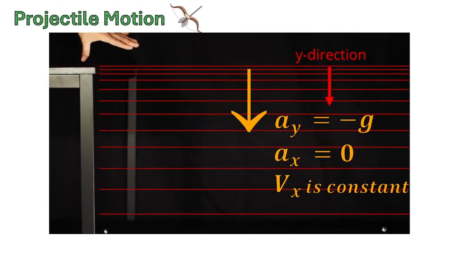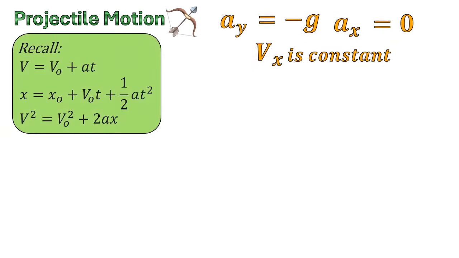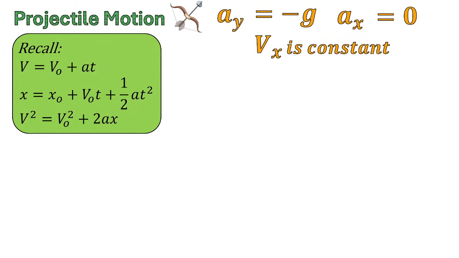It is not zero, it is constant. The zero here is ax, the acceleration in the x direction.